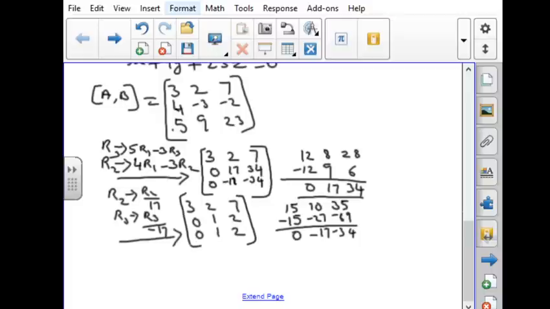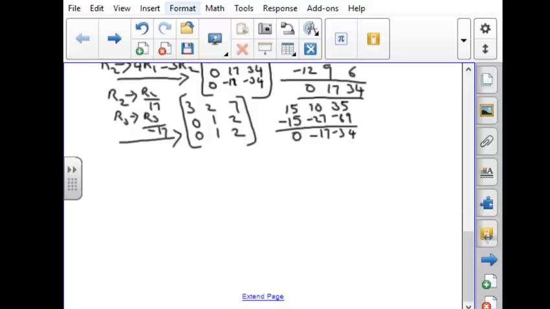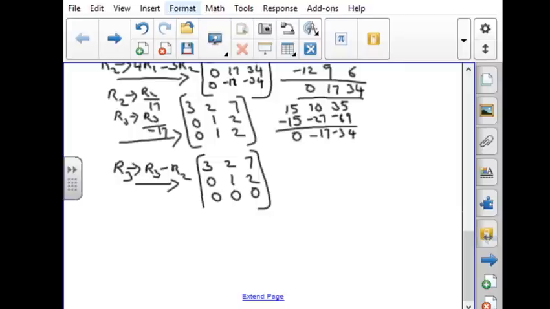Now we have to make this element 0, so R3 is R3 minus R2. We get 3, 2, 7, 0, 1, 2 and 0, 1 minus 1 is 0, 2 minus 2 is 0.